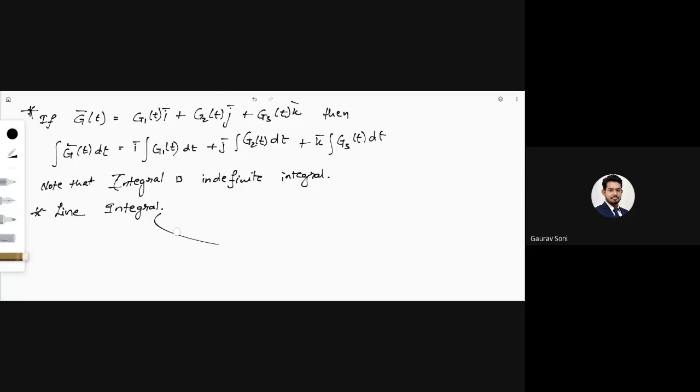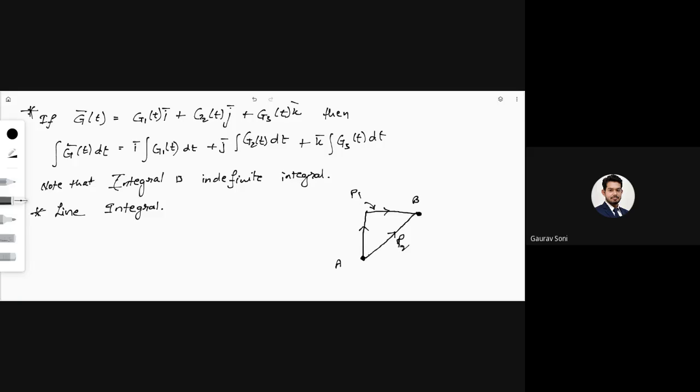Now in line integrals, I'm given two points, A and B. I am moving an object from the point A to the point B, and I have taken it through this path, P1, and this path, P2.